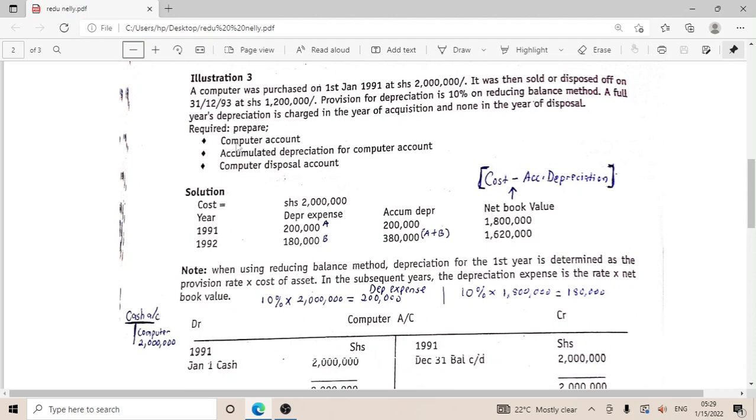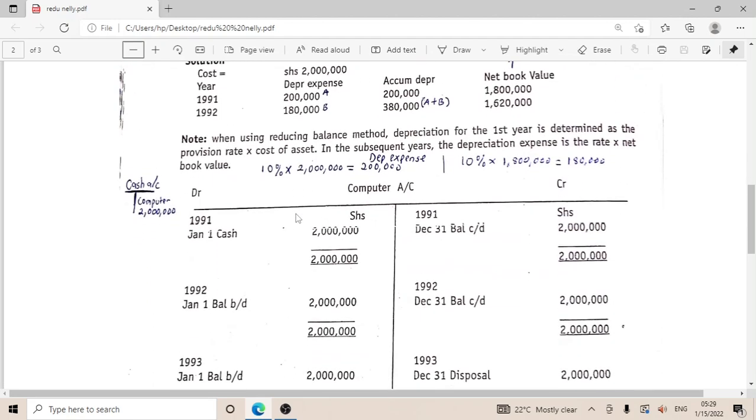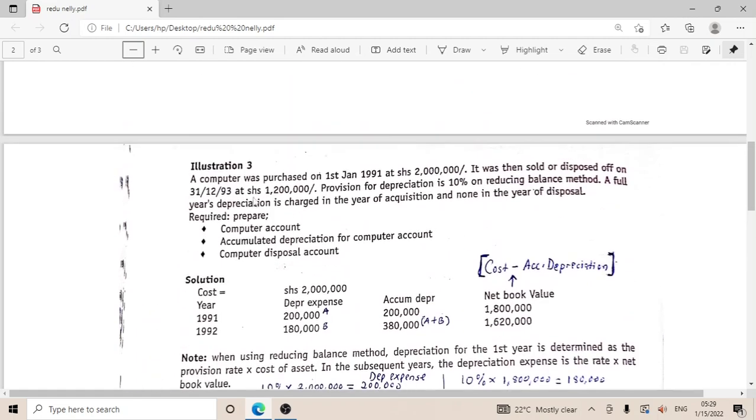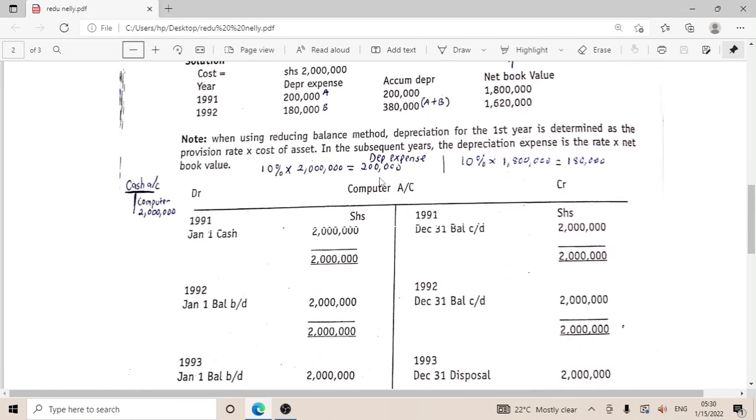I come back to the question saying prepare the computer account. For the computer account, remember we purchased it on 1st January 1991 at 2 million. To complete the double entry, we purchased this asset and we paid cash. If we had a cash account somewhere, this would be the debit side and this the credit side.